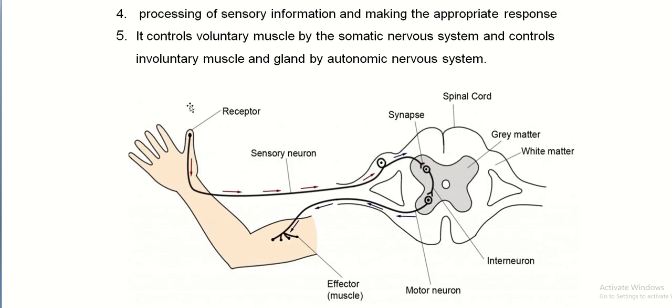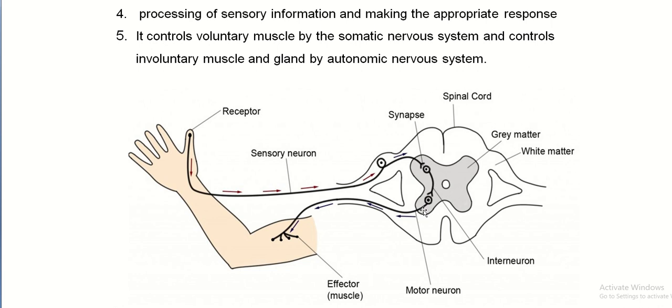The nervous system collects sensory information from the external world and also from within the body by the sensory neurons. These sensory neurons convey this message to the central nervous system. Within the central nervous system, this information is processed. Another important function of the brain is to process this information and make an appropriate response.